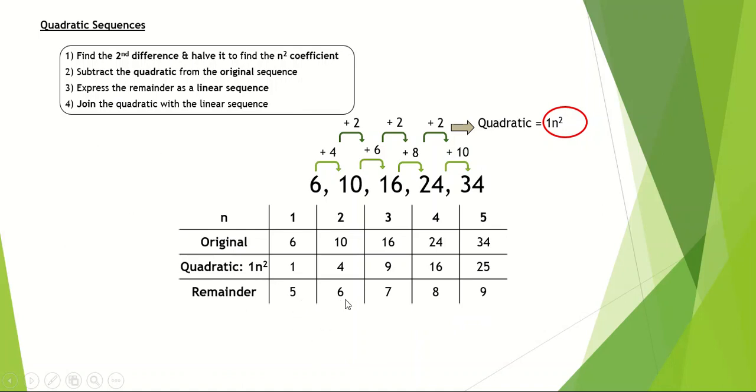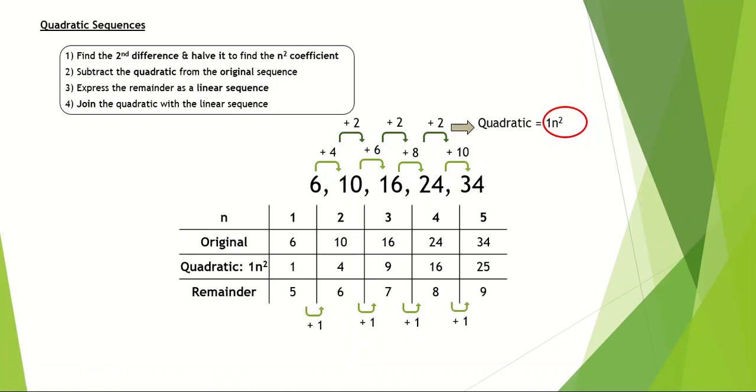Observe that the 5, 6, 7, 8, 9 forms a linear sequence. So express this part as a linear sequence. How do we do that again? We try to get the difference. Since it's in the first layer, it is indeed a linear sequence.